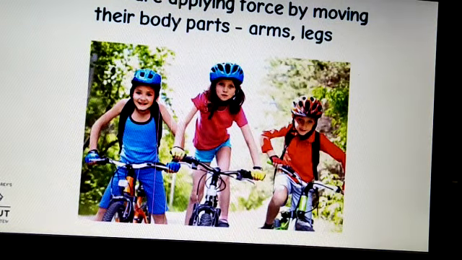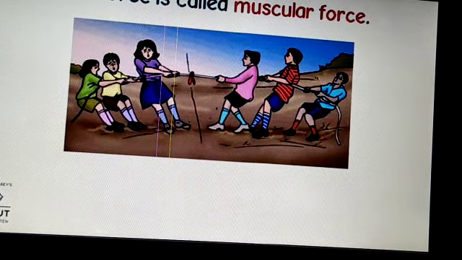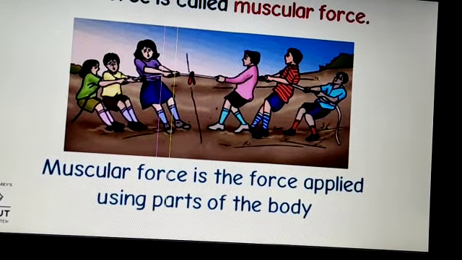So we are using our arms and legs both. So these are examples of muscular force. Tug of war you can see. So these are examples of muscular force. So when we use the different body parts, that type of force is known as muscular force.